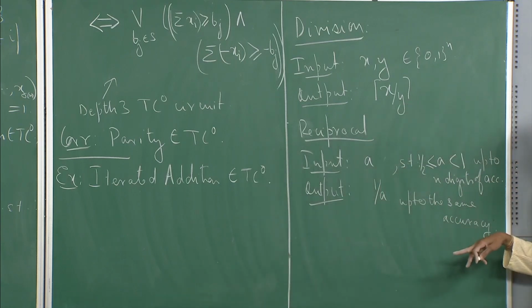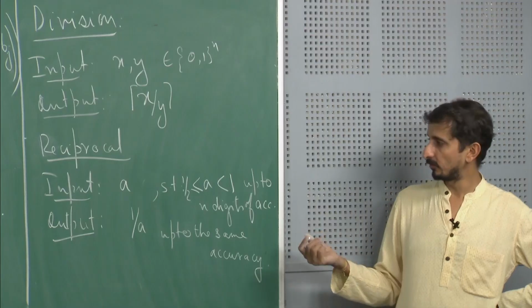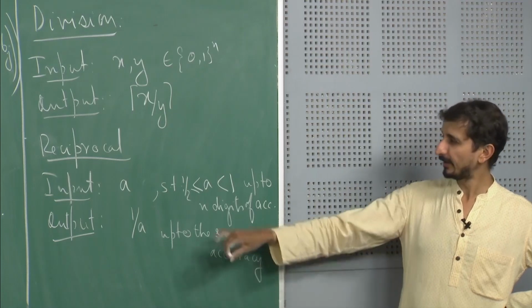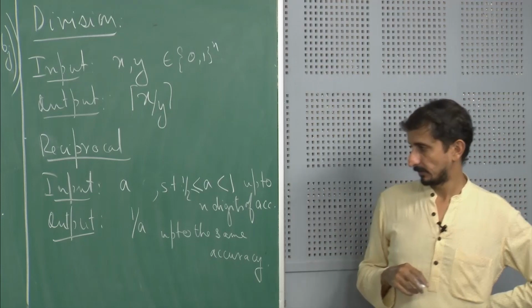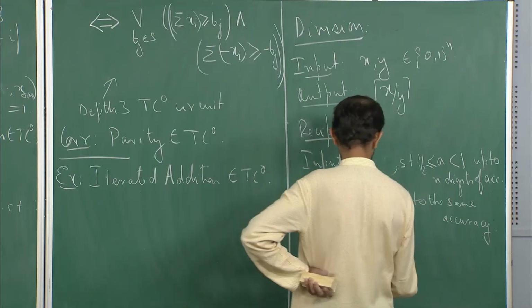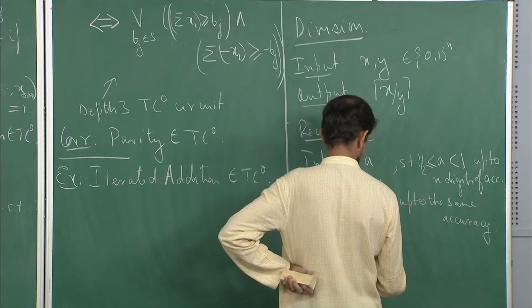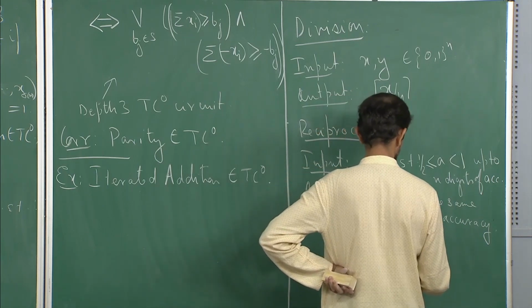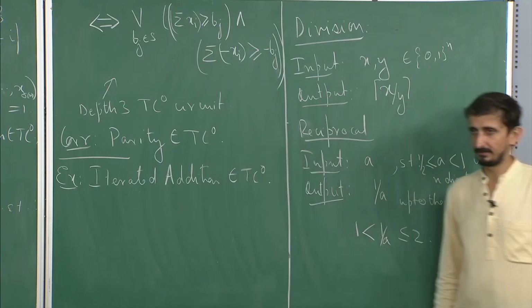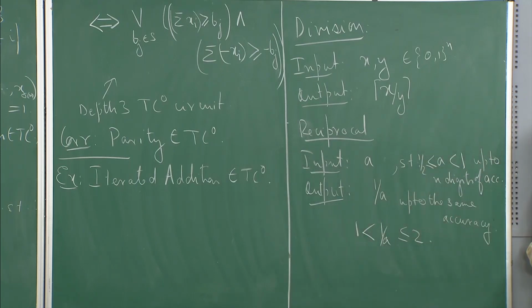So where will 1 over A lie? Note that 1 over A will be between 1 and 2. So 1 over A is greater than 1 and less than or equal to 2. This is what we have, and this is what we want to output.